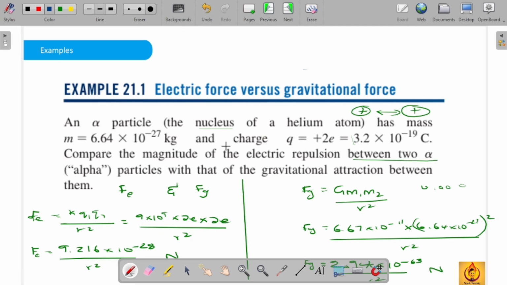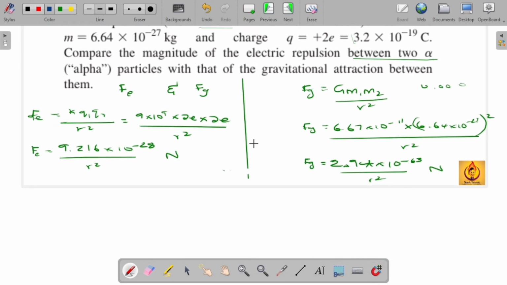In this problem we even compared the gravitational attraction with the electric force, and we found that the electric force is significantly larger than the force of gravity, and that's why we are going to just ignore gravity in most cases. As you can see, this is to the power negative 28, this is to the power negative 63. It is so much larger.